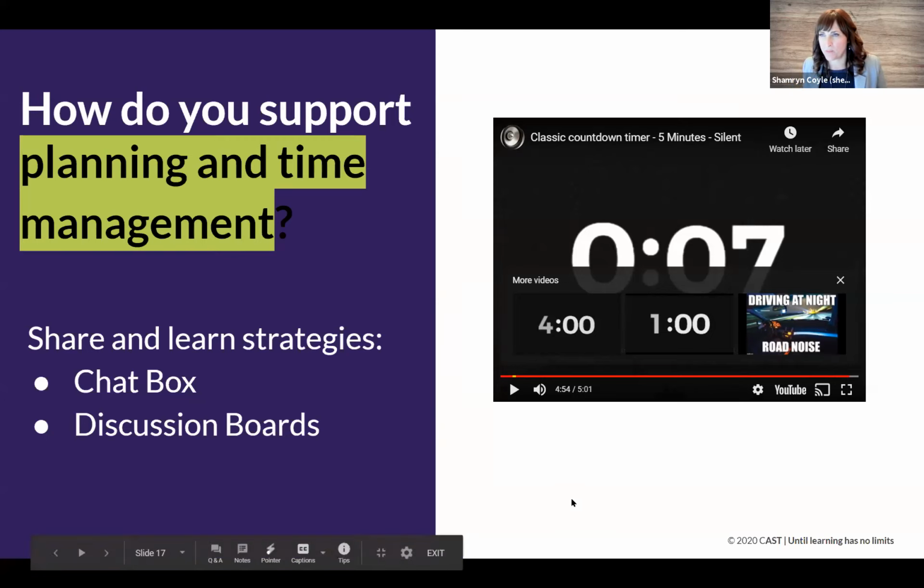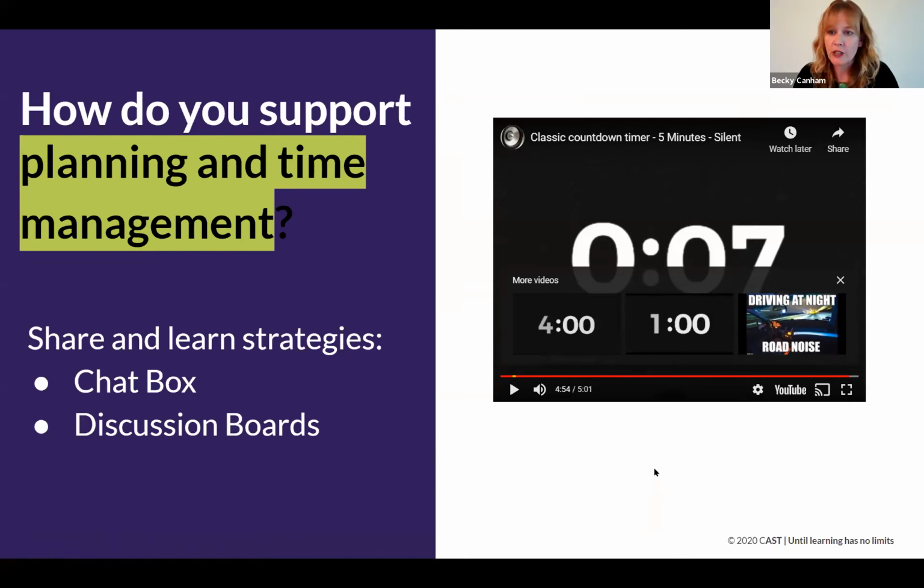It's great to see what other people are doing and things that people have come up with to support that planning and time management piece. As I was going through, I saw some really great ideas.